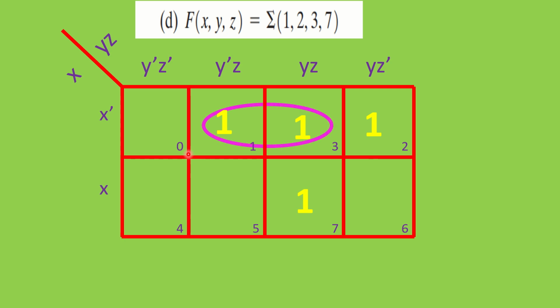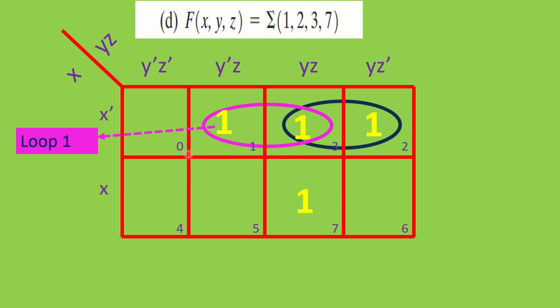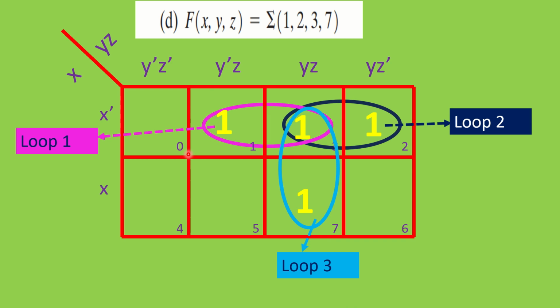These two can be combined and we name it loop 1. These two can be combined and we name it loop 2. Then the third cell and the seventh cell can be combined and named loop 3. Now we have to find the corresponding expression for loops 1, 2 and 3.